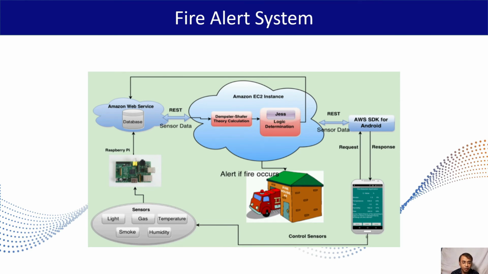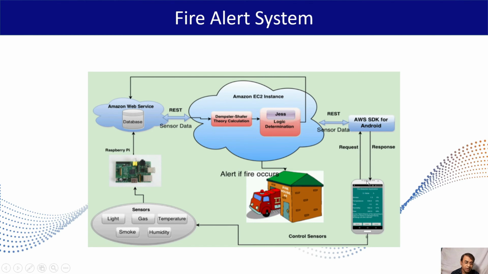That means you can use machine learning over here, and EC2 uses logic determination and sends the sensor data to the mobile phone, where you have the AWS SDK for Android, that means in the Android app, by using REST API.